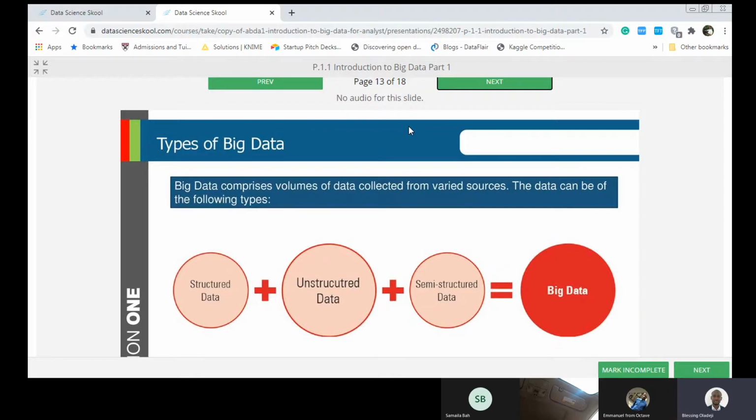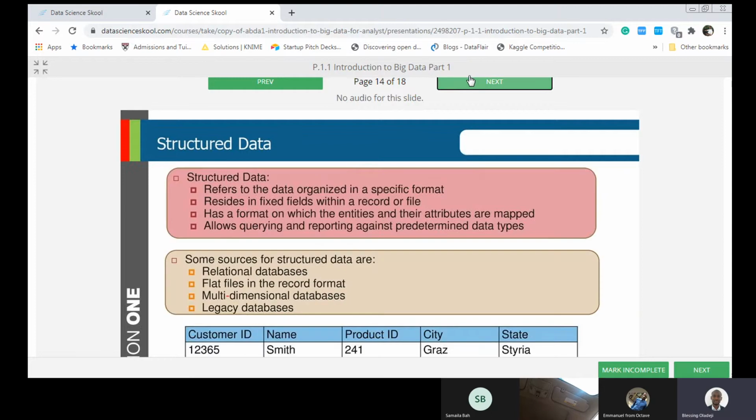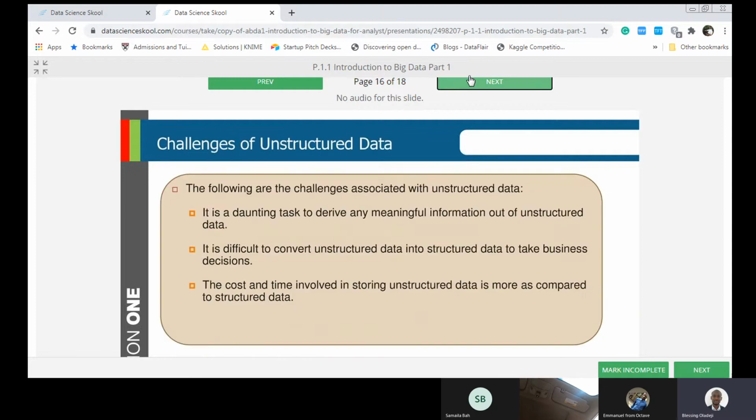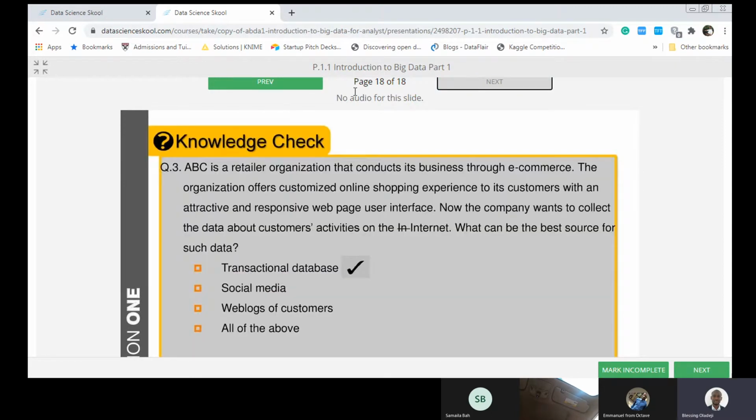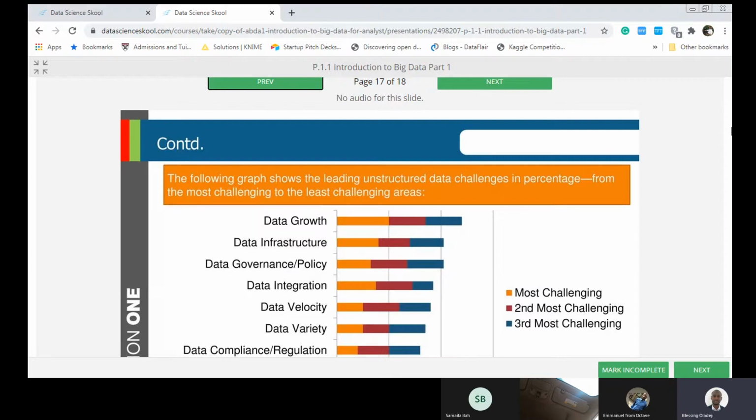So when you have a data set with a combination of elements that are structured and elements that are not structured, you can say that it's a semi-structured data set. And I think to a large extent, that was where we ended yesterday.